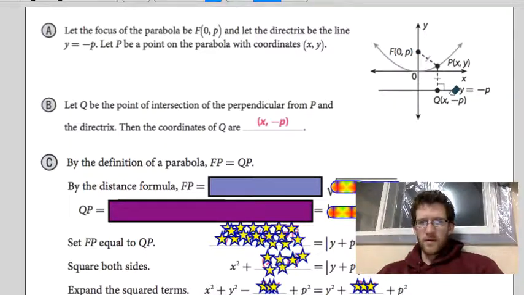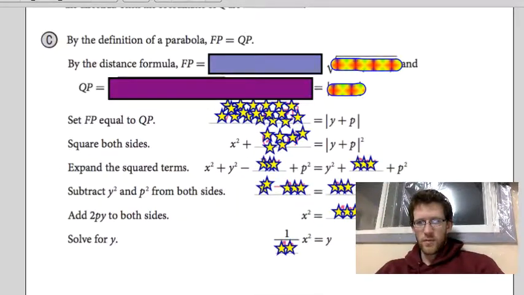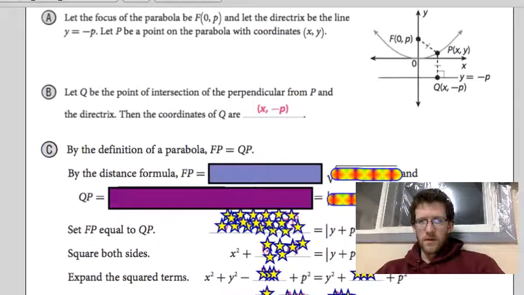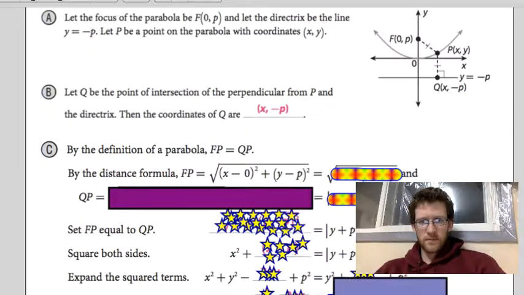So the first part is to use the distance formula to find out what FP is, and then the second part is to use the distance formula to figure out what QP is. So F to P, the difference in x values is x, the difference in y values is y minus p, so therefore, suppose I move that.